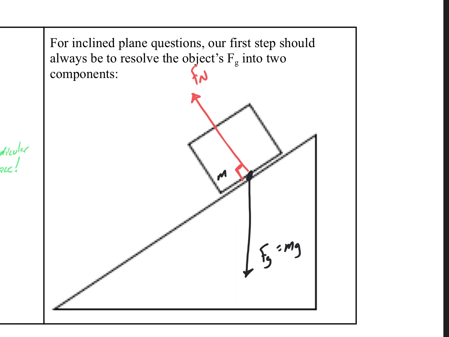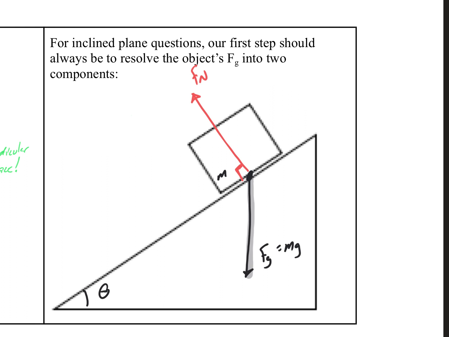Now what happens here is we have this way we can set this up. We have an angle with the incline right here. We're going to call that theta. And what we're going to do is sketch what happens to the weight component. So we're looking at the weight component right here. He's the weight component, and we're going to break him up into its components.